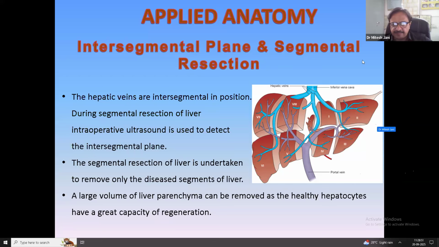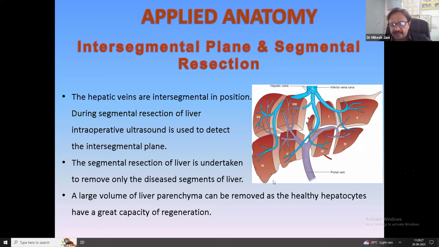So, in which plane is the resection required? The segmental resection of the liver is undertaken to remove only the diseased segment of the liver. So, out of eight, if suppose only this segment has developed pathological changes, and we have to remove it, then we can do it because a large volume of liver parenchyma can be removed, as healthy hepatocytes have a great capacity to regenerate.